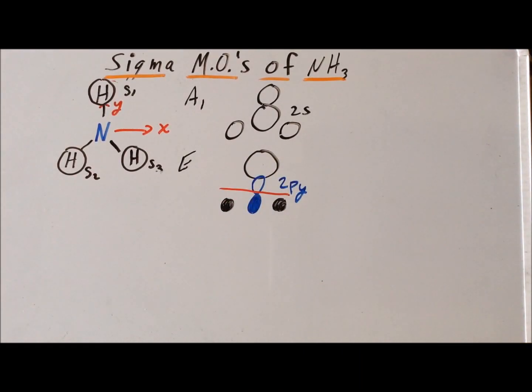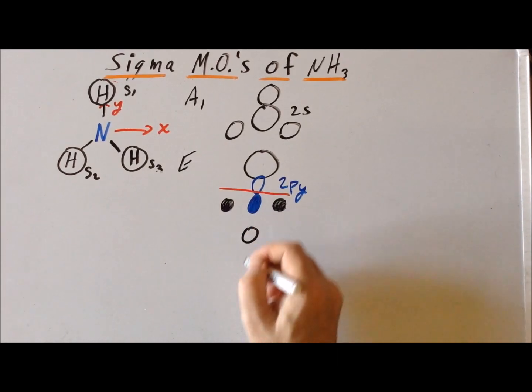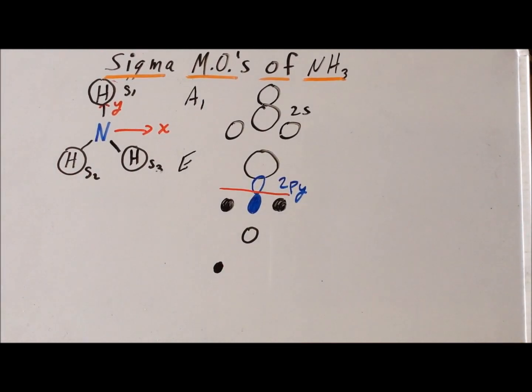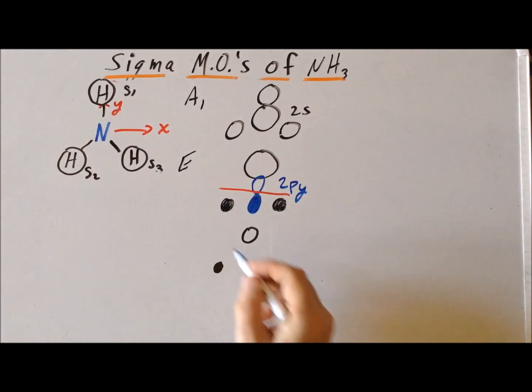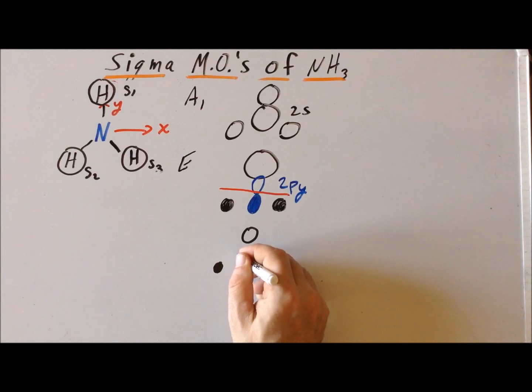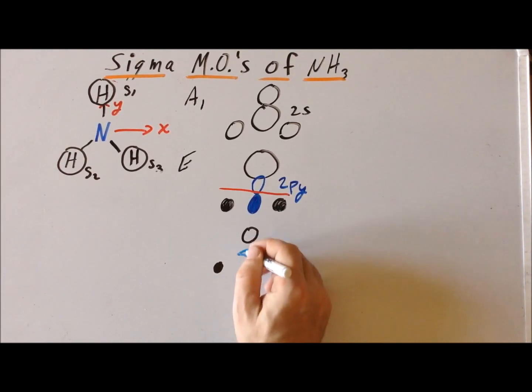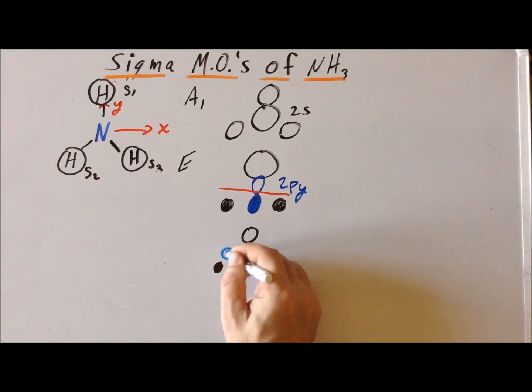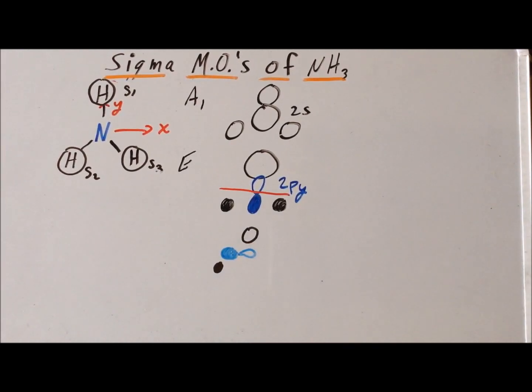Let's look at the other E combination. We have S1 minus S2. So now we need a combination on atomic orbital on nitrogen that will match this combination. So we know that we have to have a p orbital with a positive phase to combine with this hydrogen atom, but a negative phase to combine with this hydrogen atom.